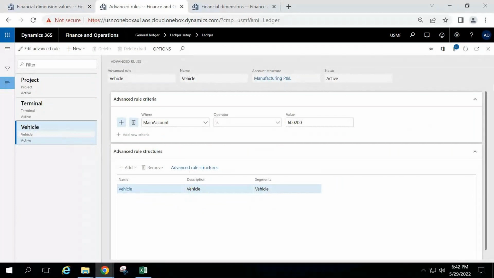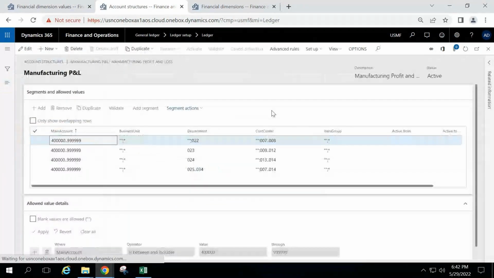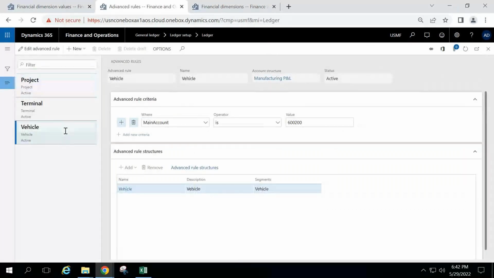Here, business unit, department, cost center are already there. In the advanced rule, the dimensions, whatever combination you want, can be added in the downside, in the project or vehicle, whatever you want. Why are you adding it there? You are adding one more dimension, am I right?